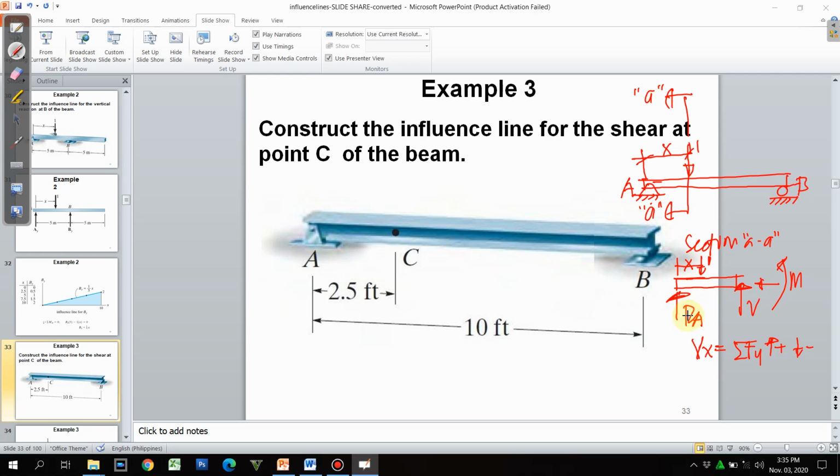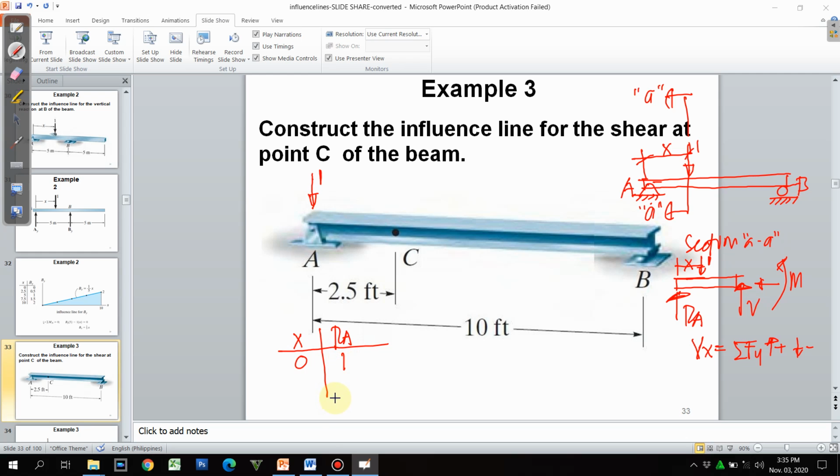So if we are going to have summation, we would want to tabulate first our RA. If your x is 0, your RA will be equal to 1, considering the whole structure.